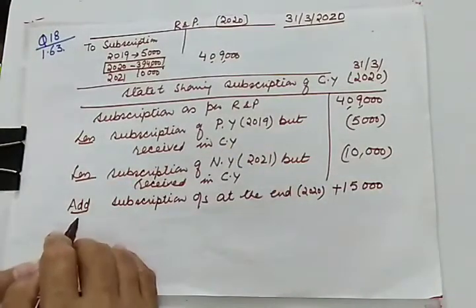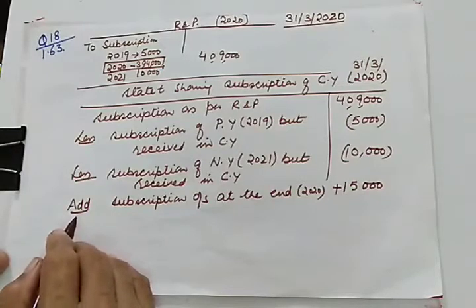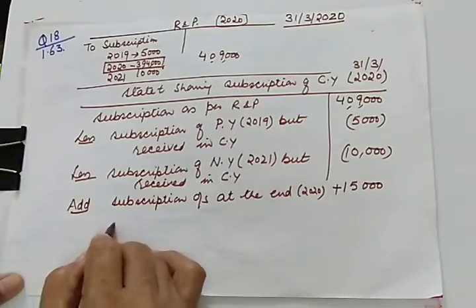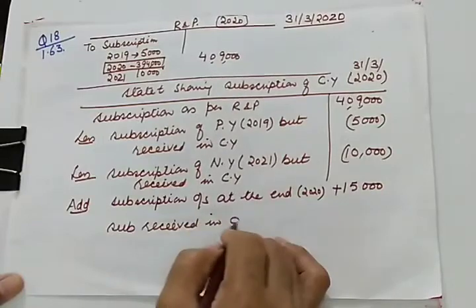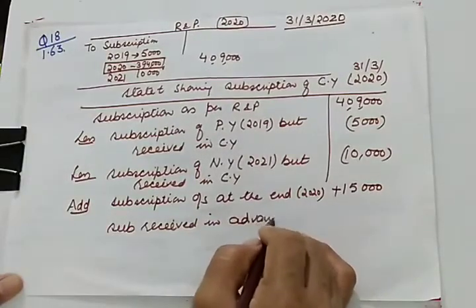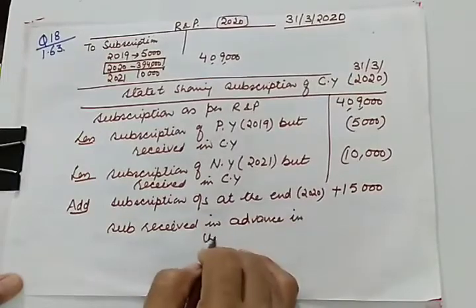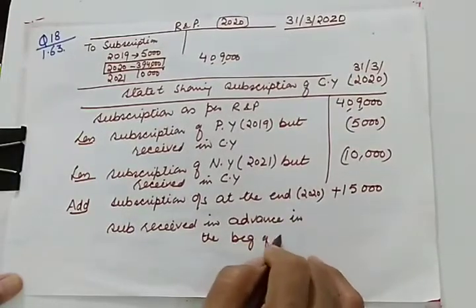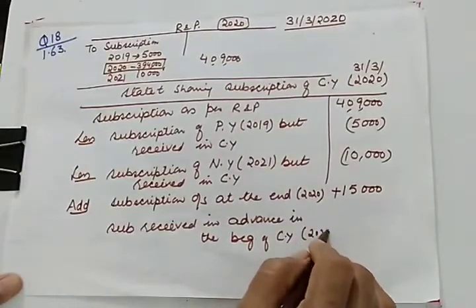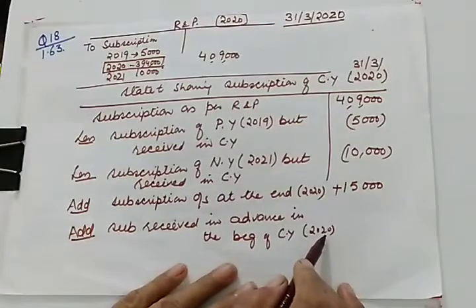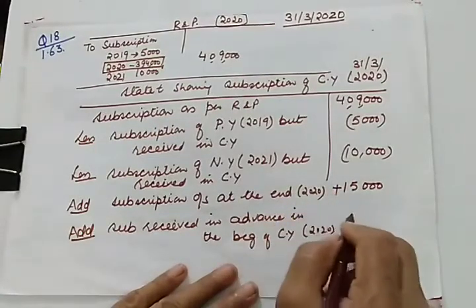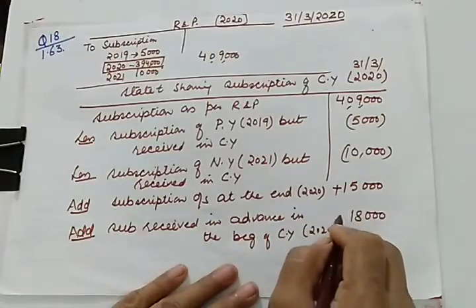And likewise they have mentioned that subscription due but not received at the end of the previous year were 8,000, while subscription received in advance in the beginning of current year 2020. So beginning means if anything is advanced in the beginning, it is related to current year. So this amount is 18,000 which is given to us. So this will also be added.